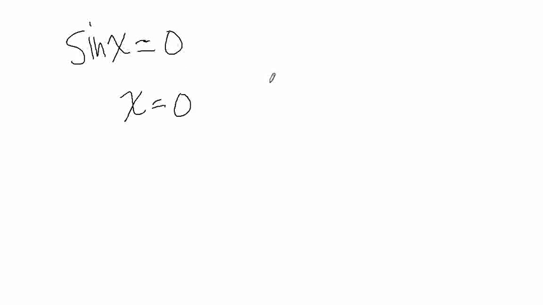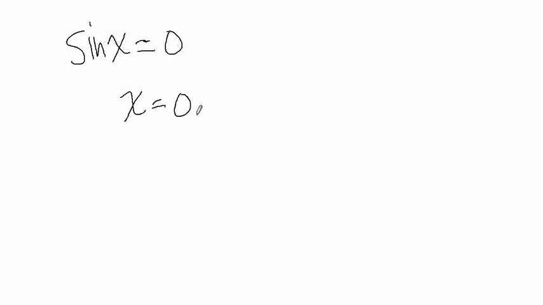Okay, but notice that it's not the only solution. Pi radians is also a solution. Negative pi radians is another solution. And 2 pi, 3 pi, minus 2 pi, minus 3 pi. So we've got an unlimited number of solutions.